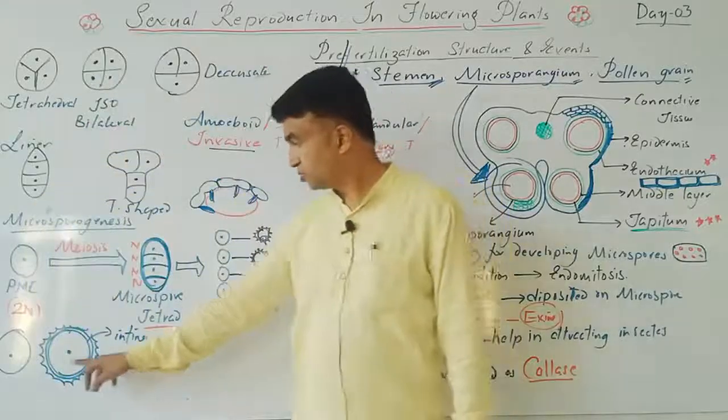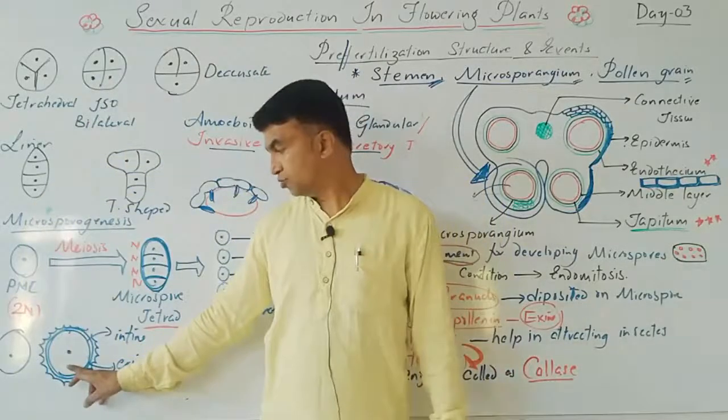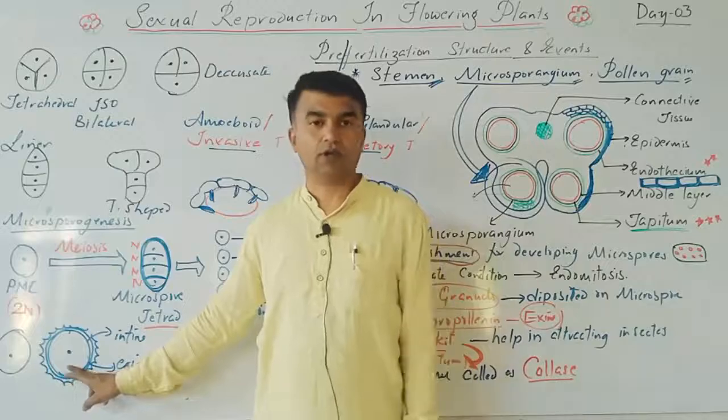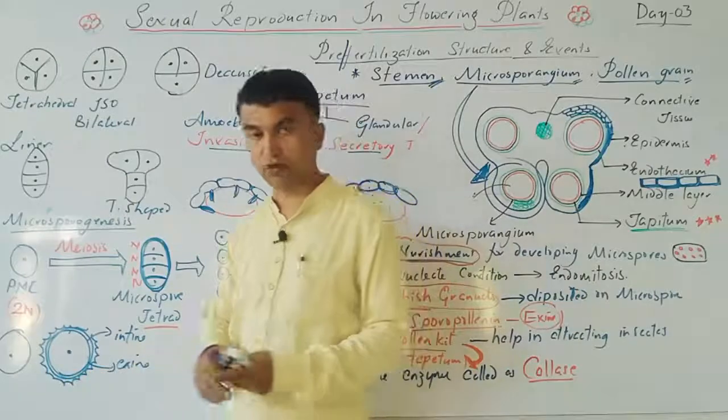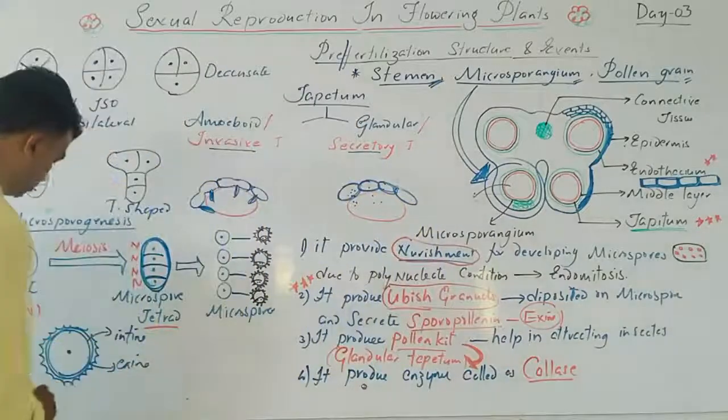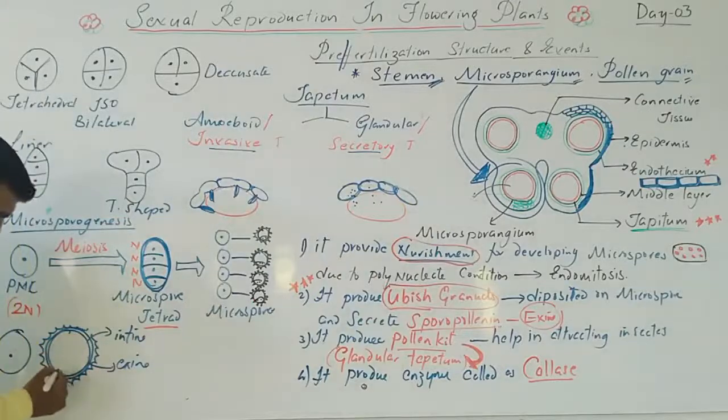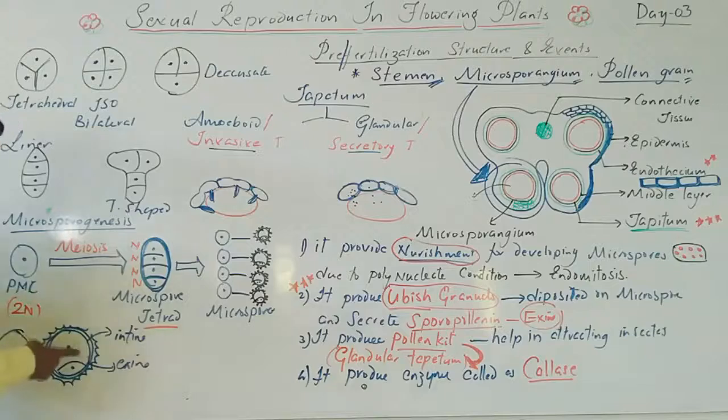Now, the nucleus present in the young microspore divides unequally, means equal division will not occur. So nuclear division occurs, but two differently shaped cells are produced. The larger cell is called the vegetative cell, the smaller cell is called the generative cell. Initially this generative cell is attached towards the periphery.